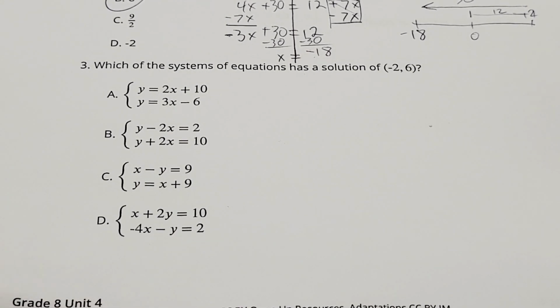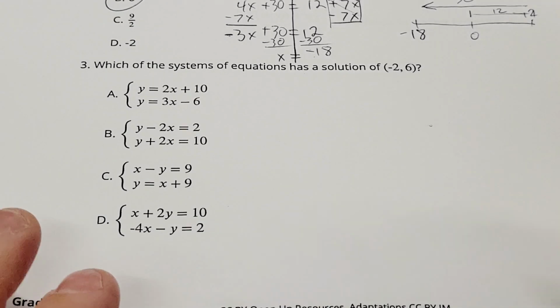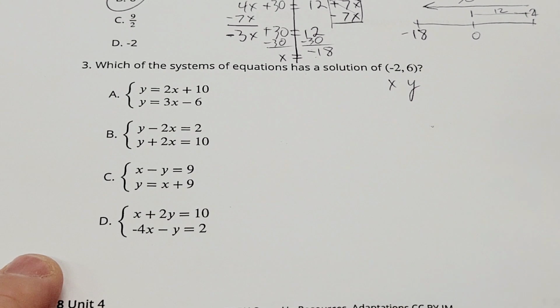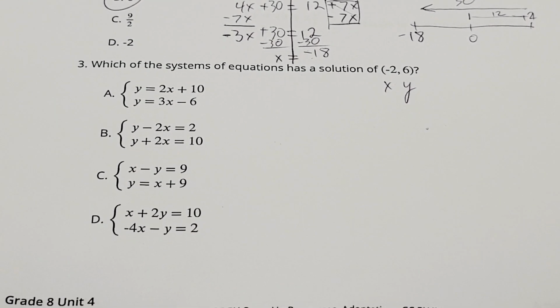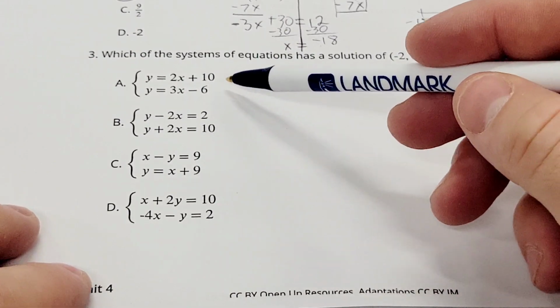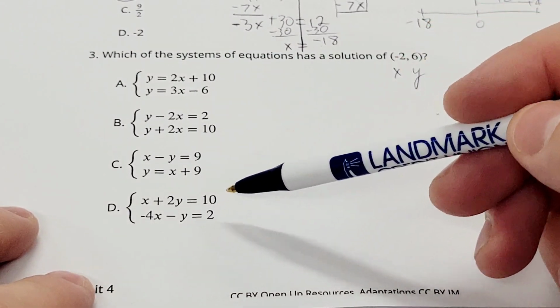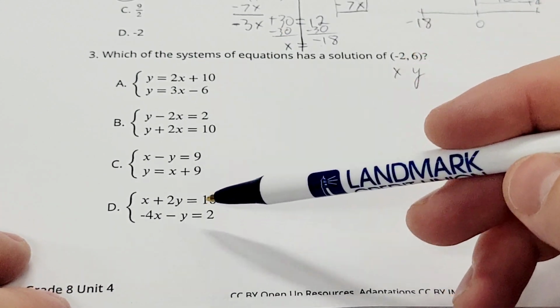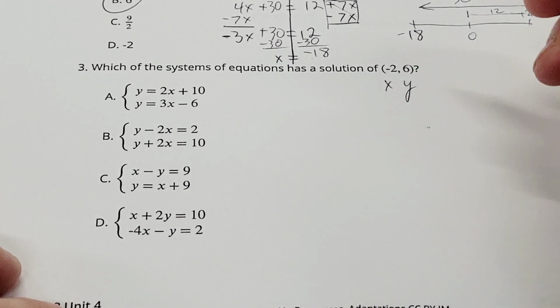Number 3. Which of the systems of equations has a solution of negative 2 for x and 6 for y? Now, before you go ahead and start solving all of these using the long method we've learned, you know, there's multiple steps in solving an x and y for these.